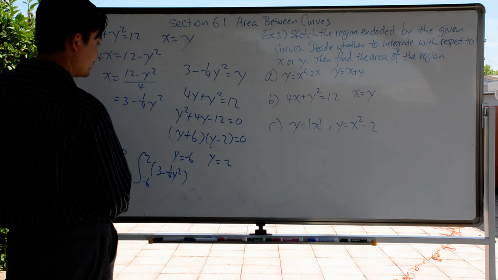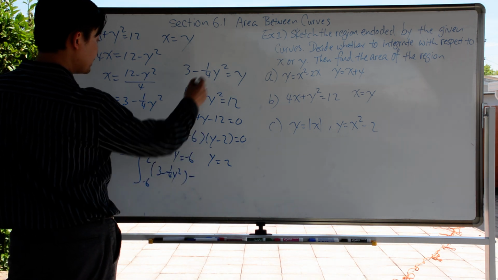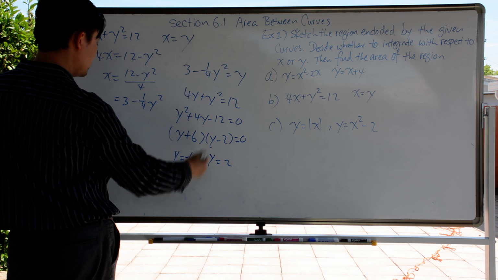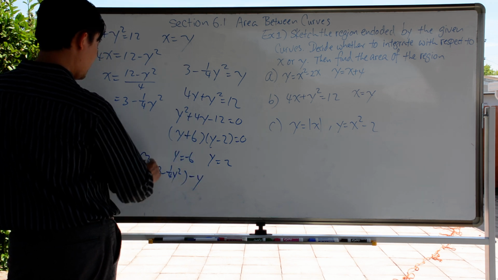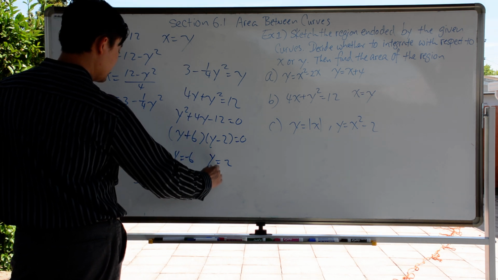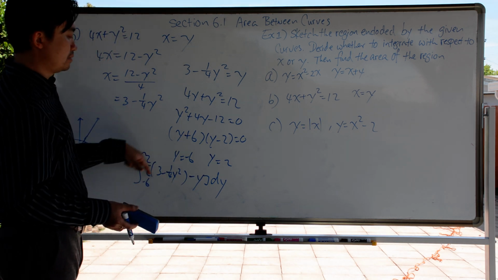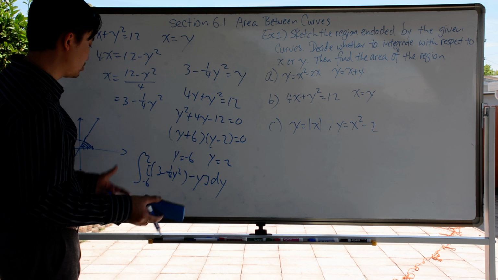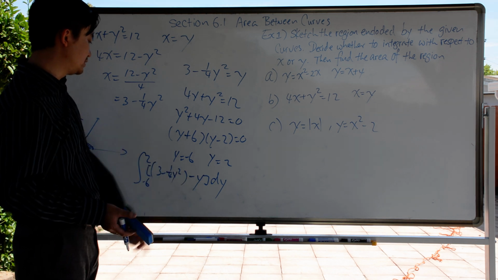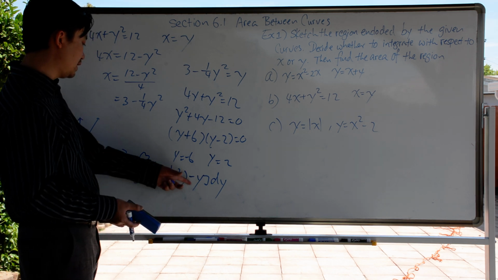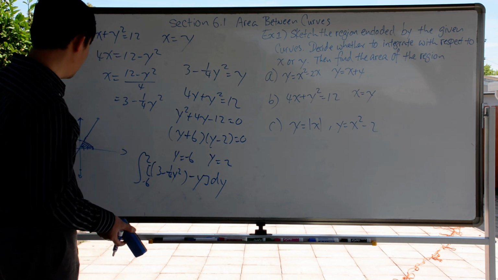And then subtract this one right here, y, and then dy. Again, the most important part of doing this is just the setup. The rest of this, you guys can integrate it. Just go back to the previous chapter, FTC part 2. So combine the like terms if that's possible, and then integrate it with the power rule.